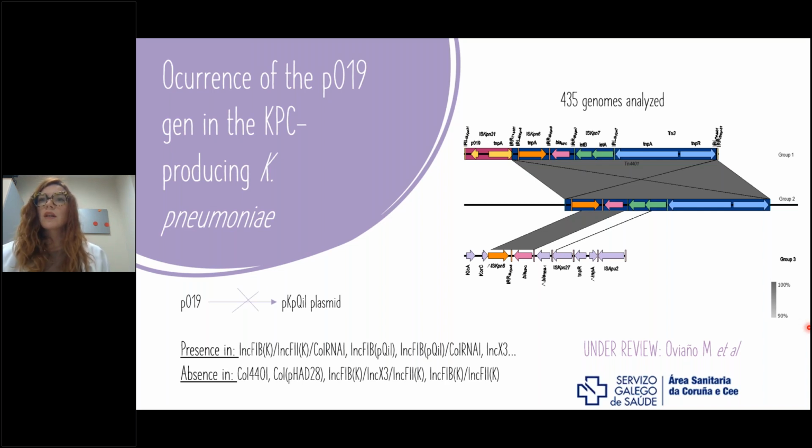So we analyzed the genomes, and we realized that this beta-lactamase gene was not only present in the pKpQIL plasmid, but was also present in different plasmids, and was absent in other plasmids that carry the KPC gene. So this direct correlation cannot be made.